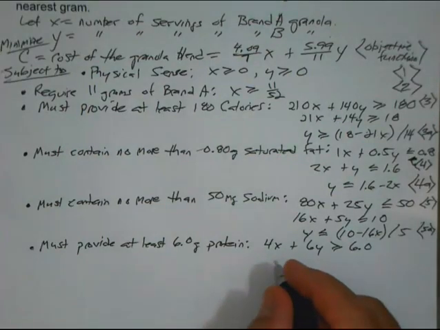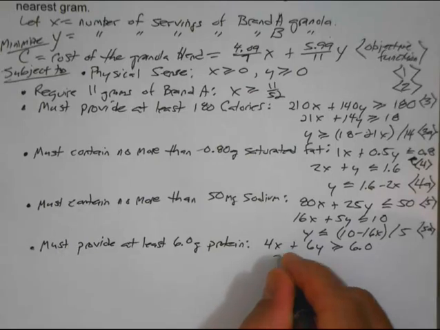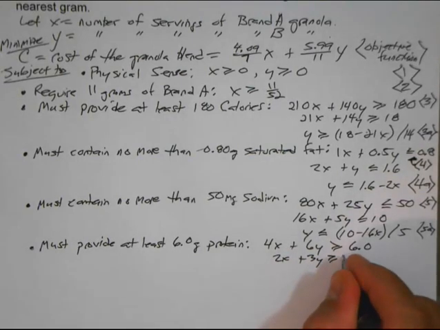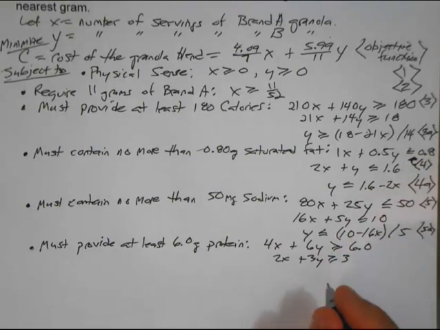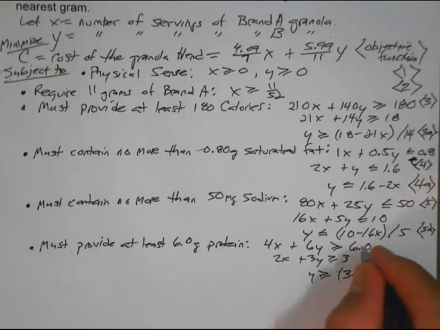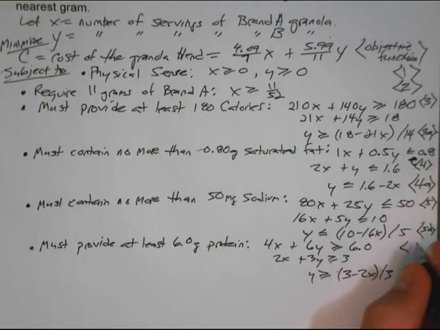Both sides divide by 2 evenly. 2x plus 3y greater than or equal to 3. To solve for y, we subtract 2x from both sides, then divide both sides by 3. We have y greater than or equal to the quantity 3 minus 2x divided by 3. Here was the fundamental, I'll label that as inequality 6. Here's a derived version of it, call that 6a.